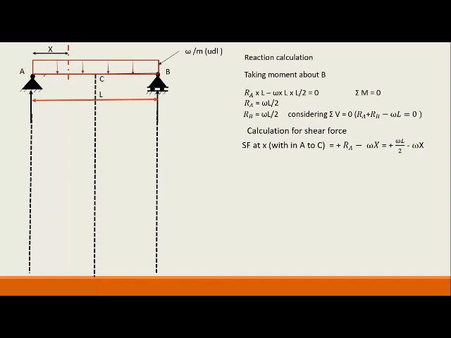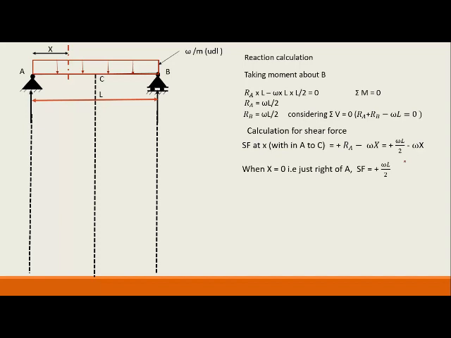The total load, the area of this intensity diagram, is omega into x, and it is a downward force on the left, so it will be negative. Left side upward force is positive, left side downward force is negative, right side downward force is negative, and upward force is positive.